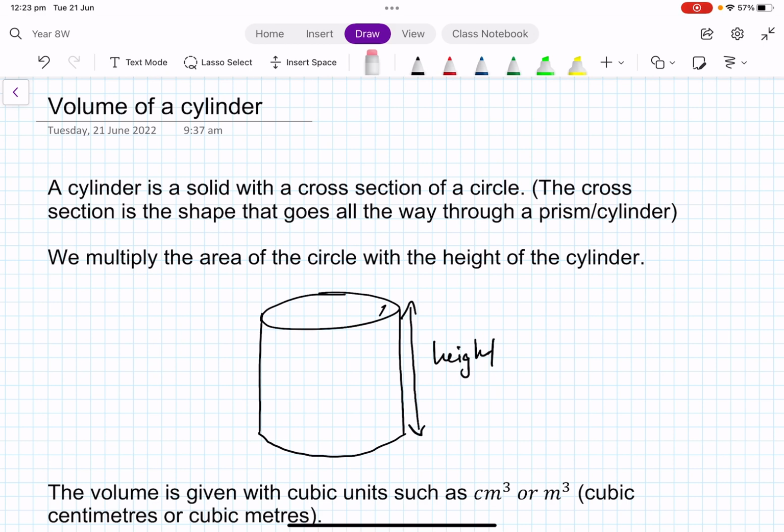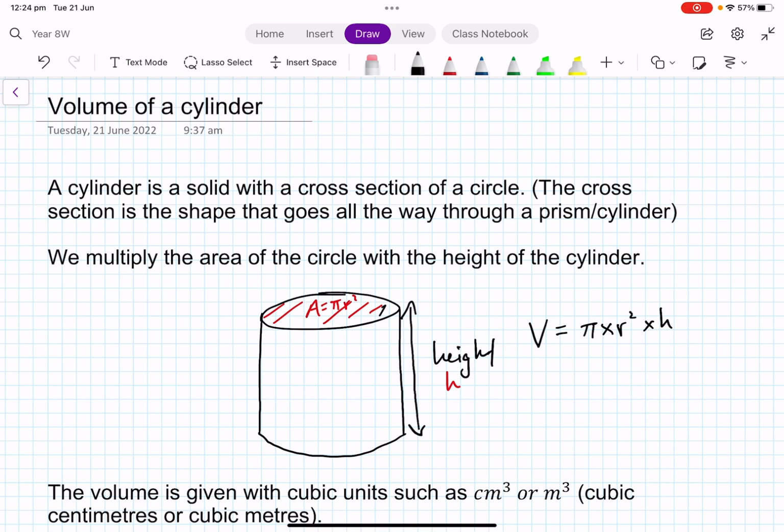To find the volume, basically you find the area of the circle, or in the case of a semicircle or a quarter circle, the area of the cross section on the top, which we call A, which is going to be pi r squared, and then we multiply it by the height, which we call h. So the volume V of a cylinder is equal to pi times r squared times the height.